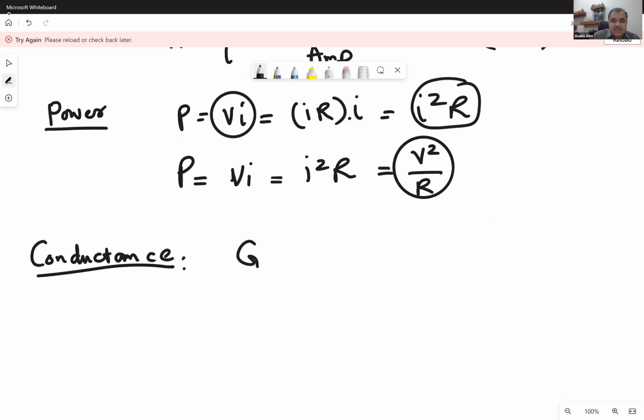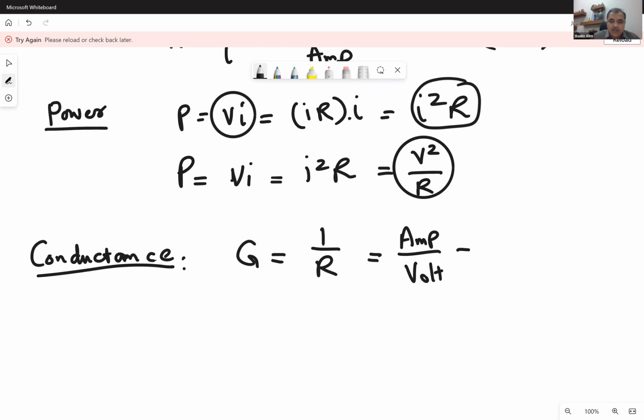So G is essentially the reciprocal of resistance. So G is equal to 1 over R, and in terms of units, of course, it becomes opposite, so it becomes amps over volt.